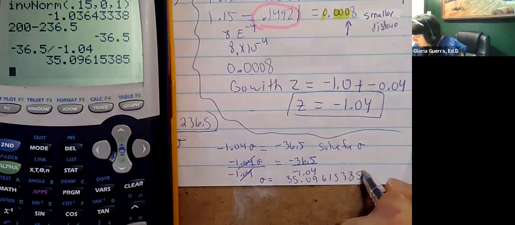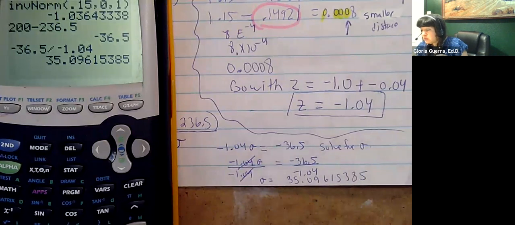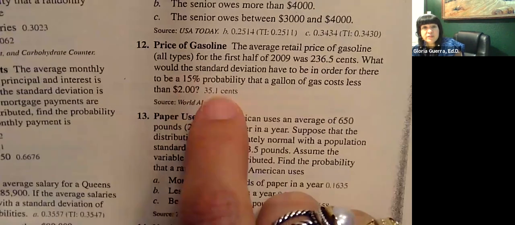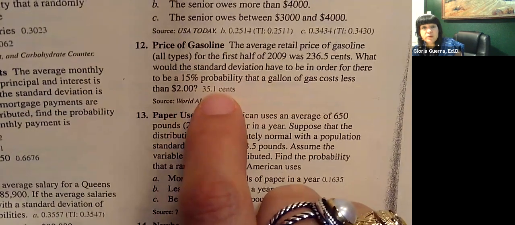35.09615385. And as far as rounding sigma, usually the mean and sigma are in the same place value digits. I can also work backwards if I look at the answer key in the book. This was number 12. They rounded to the nearest tenths, 35.1 cents.